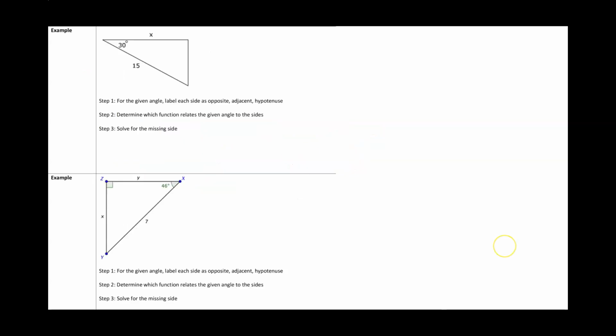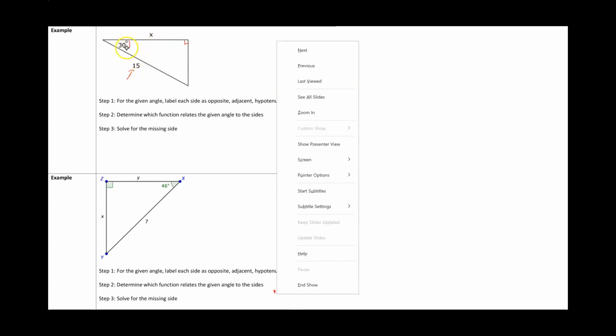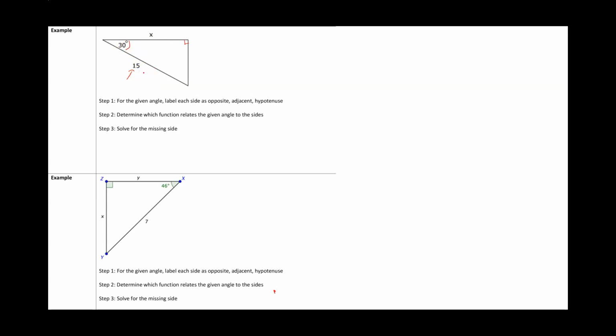Let's take a look at another example. We're given this angle, and now I'm not going to label all the sides. I'm just going to label the side that's given and the side that we're solving for. The given side is 15, and this is the hypotenuse.